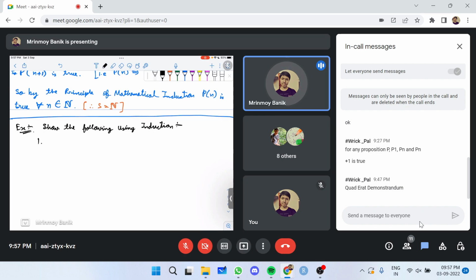You can use any one of the two forms, either the strong one or the weaker one, the finite induction. So 1 cube plus 2 cube, 3 cube up till n cube. This is, as far as I remember, should be n into (n plus 1) by 2, whole squared.